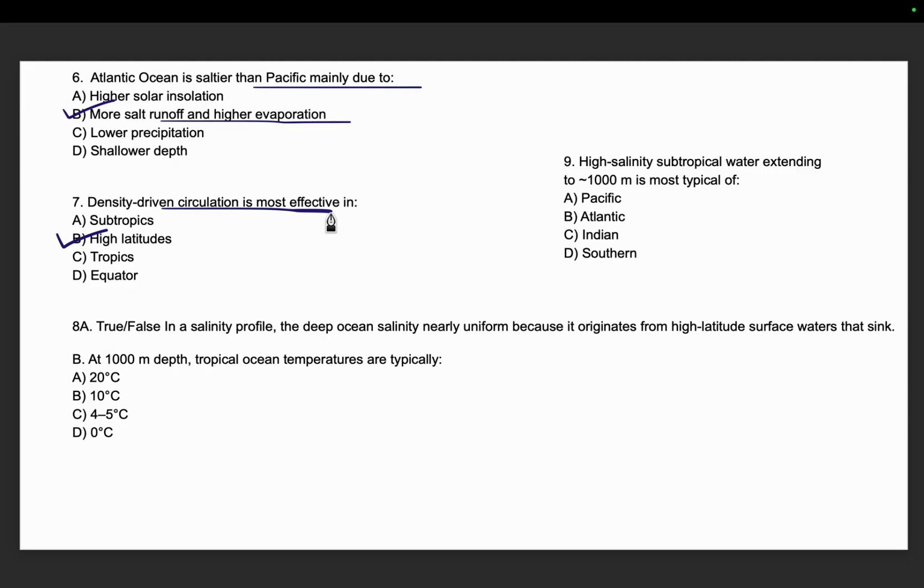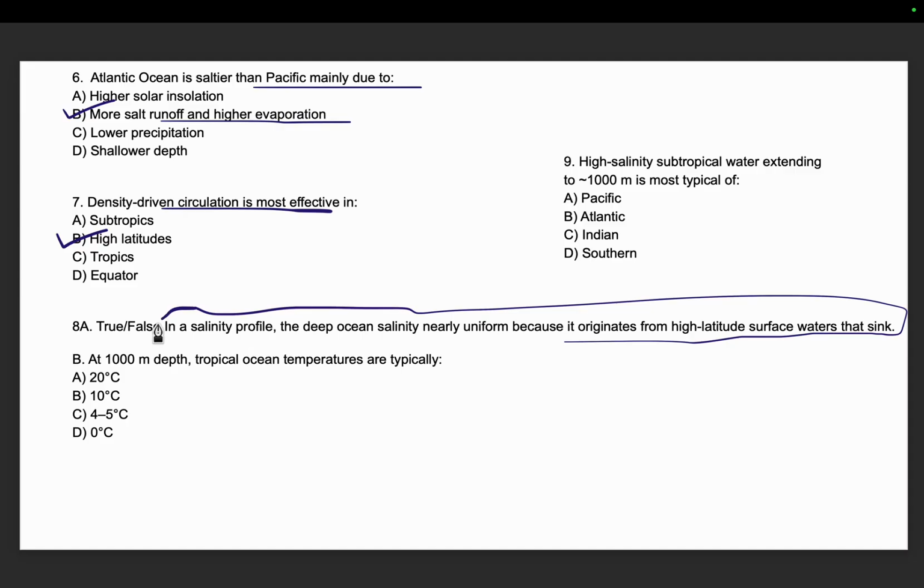Question 8a, true or false, just mark it. In a salinity profile, the deep ocean salinity is nearly uniform because it originates from the higher latitude surface water that sinks. Is this statement true or false?